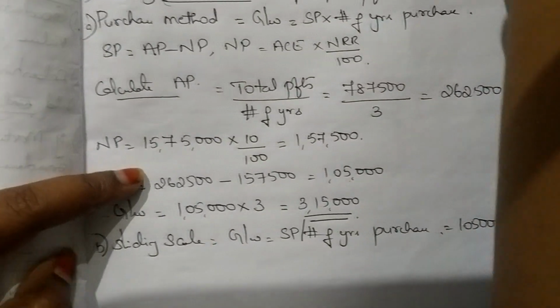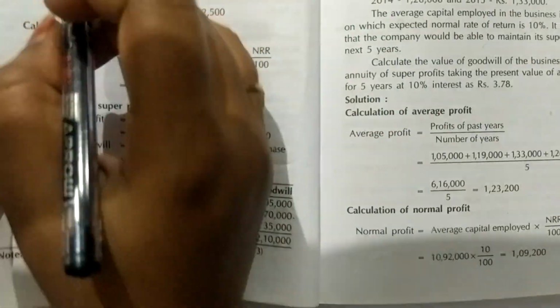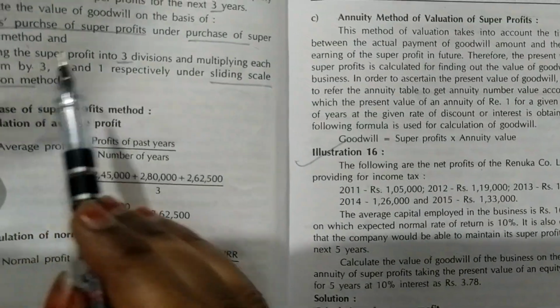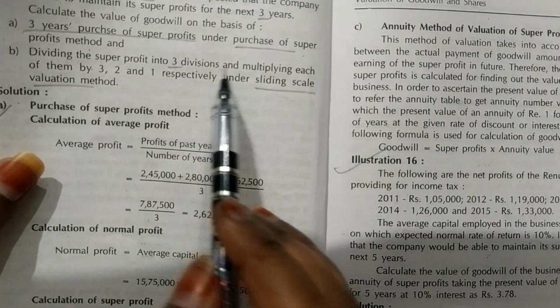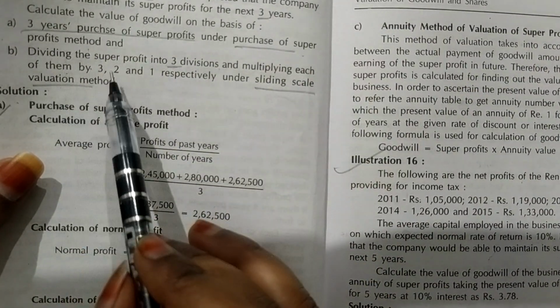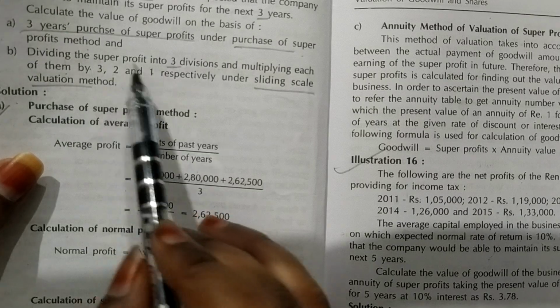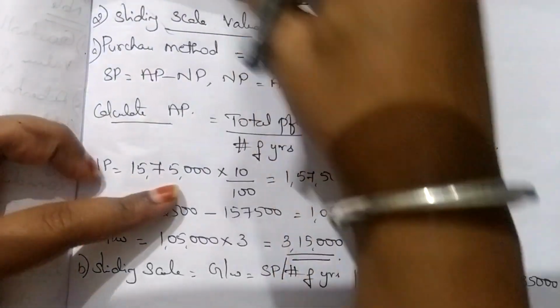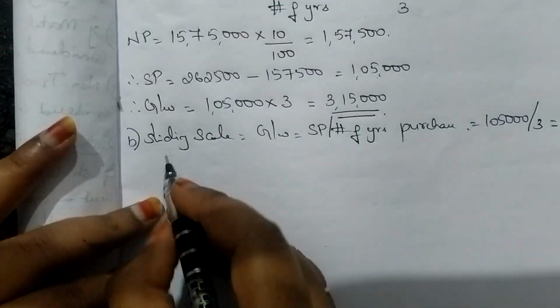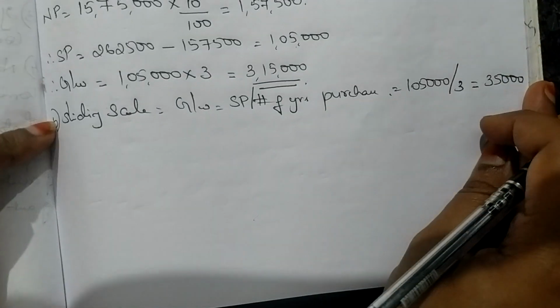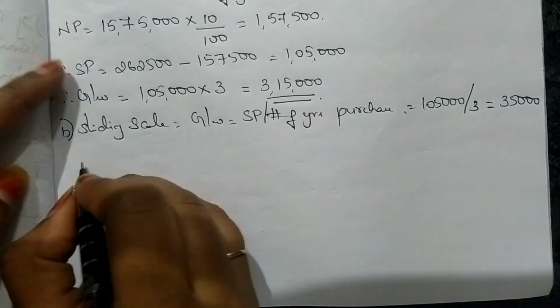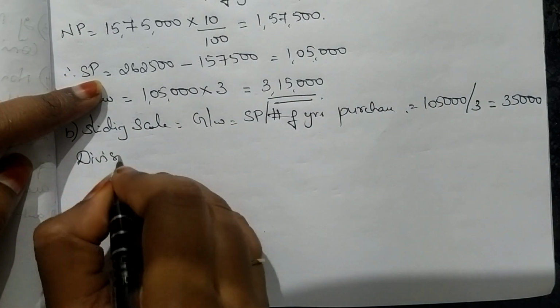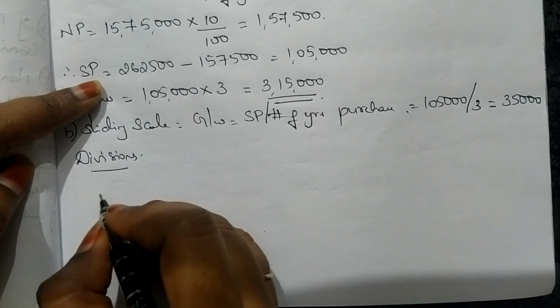If you see the question, they have told something like this: dividing the super profit into 3 divisions and multiplying each of them by 3 to 1. So you have to do this to find out what is the actual value of goodwill. Okay, so after finding this goodwill of 35,000, I will be calling this column division, because they have asked us to make a division.